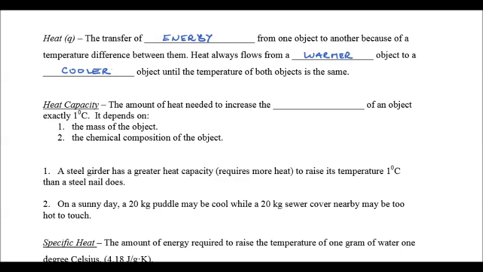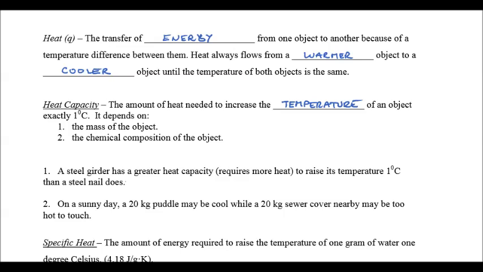We have a term called heat capacity. It's the amount of heat needed to increase the temperature of an object exactly 1 degree Celsius. It depends on the mass of the object and the chemical composition of the object. For instance, a steel girder has a greater heat capacity than a steel nail.